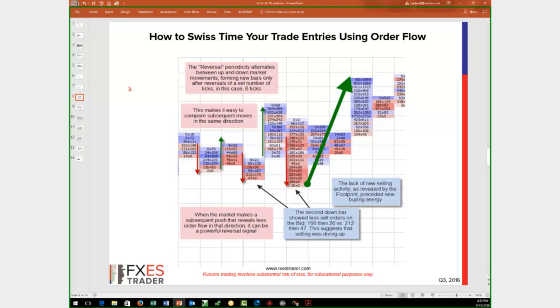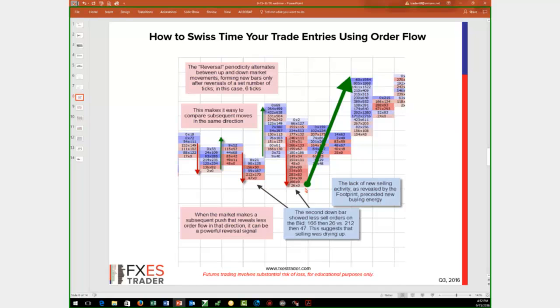The reversal, which is primarily what this is about. You can see we were kind of chopping around coming into this, had a little bit of a movement up and then a sell-off. And during the bottom of all of these, you notice the bars showed a lot less than the previous bar.